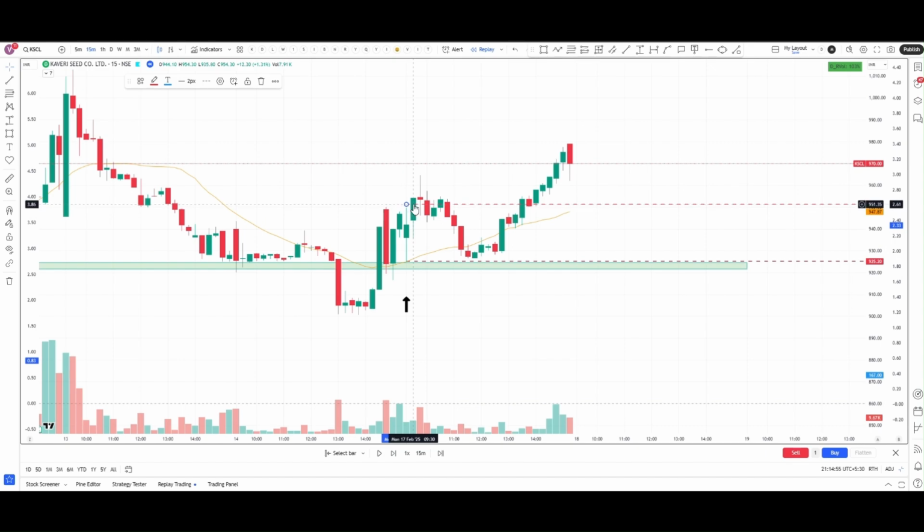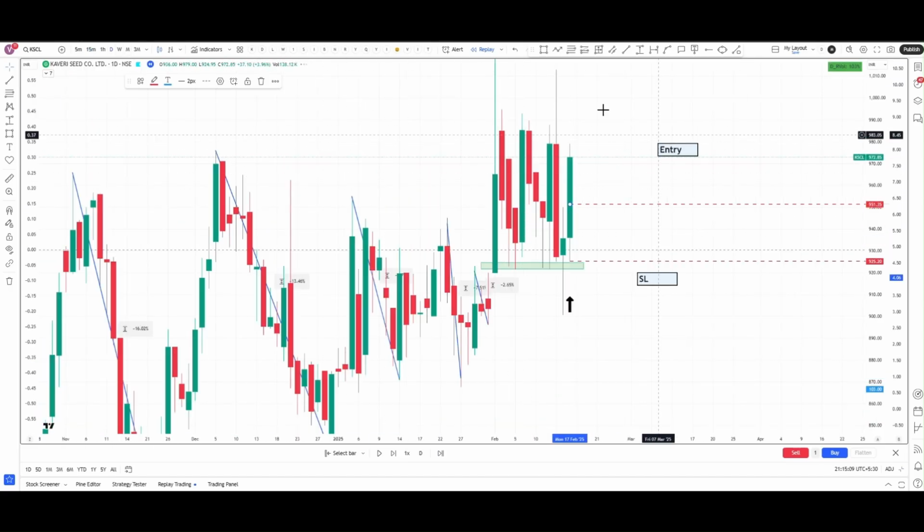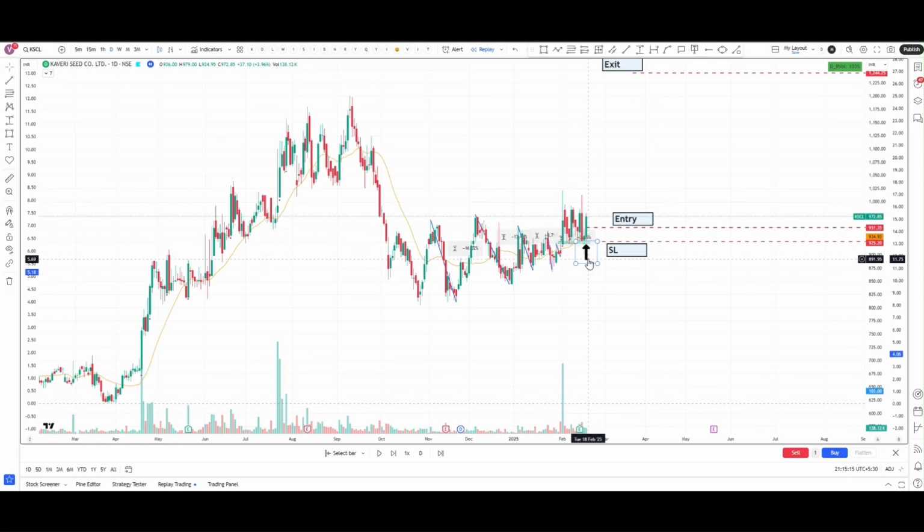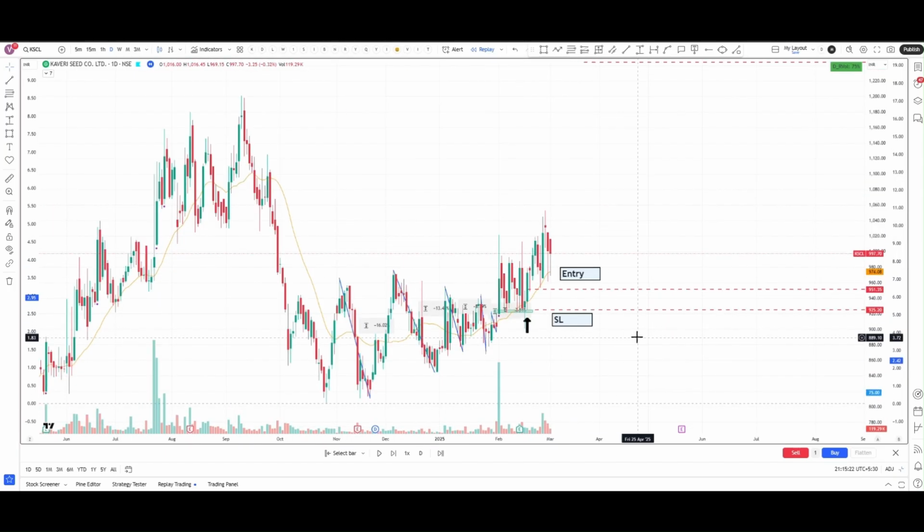I had taken entry at this particular point with a stop loss around this. On that particular day, my stop loss did not get hit, and the price started moving up without hitting my stop loss.